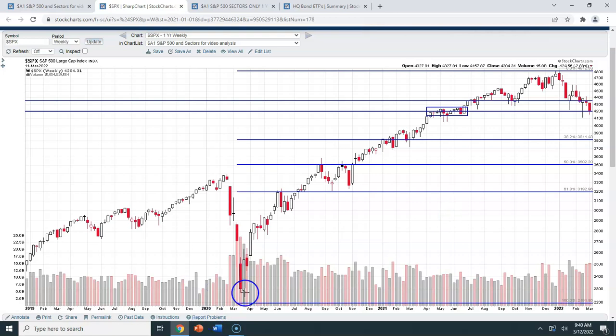But we were just there two years ago, so to think that it couldn't happen would be naive. But let's not get ahead of ourselves. As long as the 4,200 level holds, plus or minus, all right, the worst is behind us. But I think that at this point is probably a little optimistic.